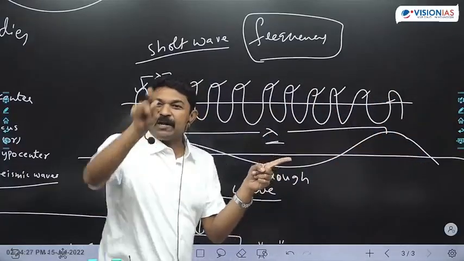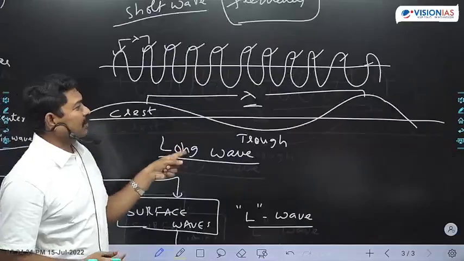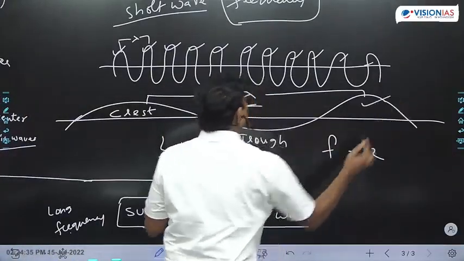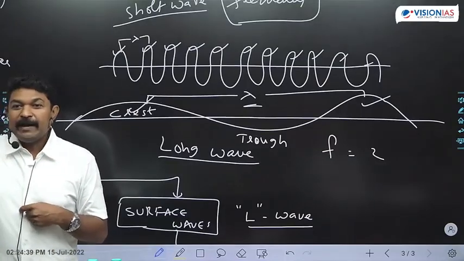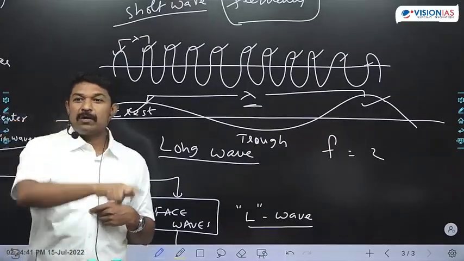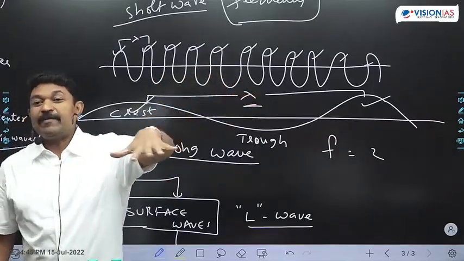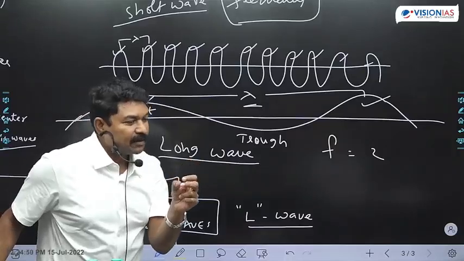How many times did it get repeated? The loop got repeated 11 times. Whereas here, the frequency is only 1 and 2. Got the point? Whenever the frequency is more, the distance traveled is more. Whenever the frequency is less, the distance traveled is less.